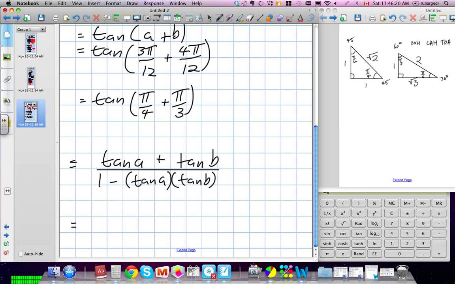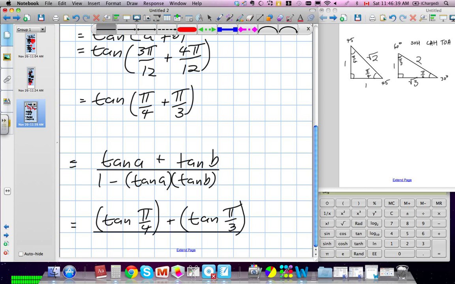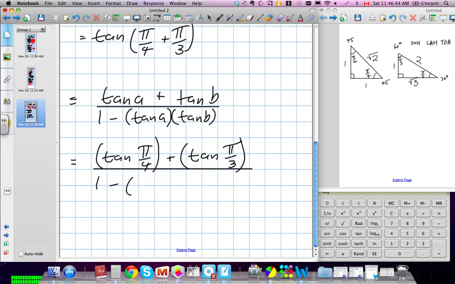What that's going to be is our tan A is going to be tangent pi over 4 plus tangent pi over 3, divided by 1 subtract tan pi over 4 times tan pi over 3.